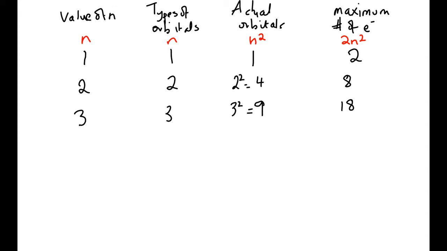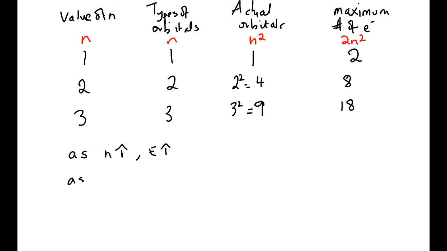So as n increases, the energy also increases. So n equals 1 is the lowest energy level. N equals 2 is higher in energy than the n equals 1. Therefore, its electrons have more energy as well.